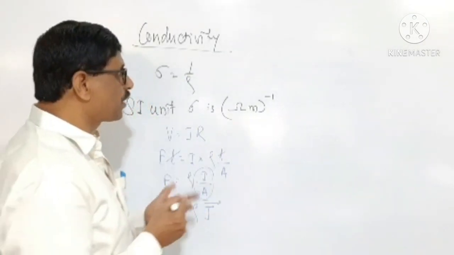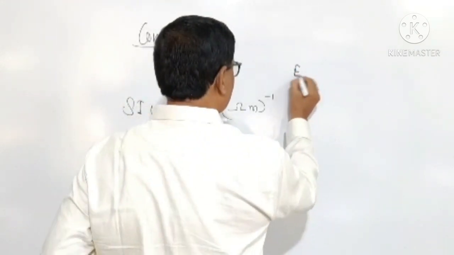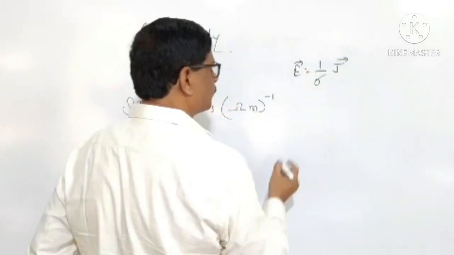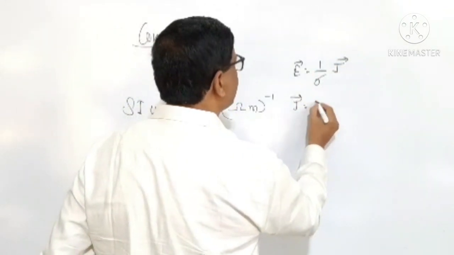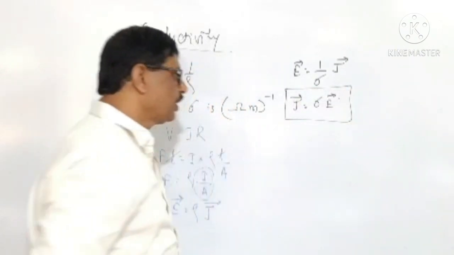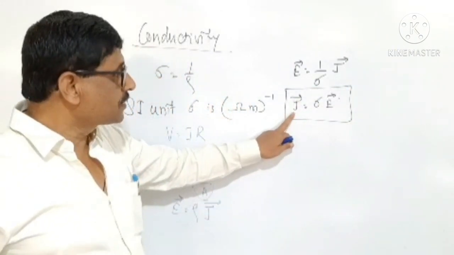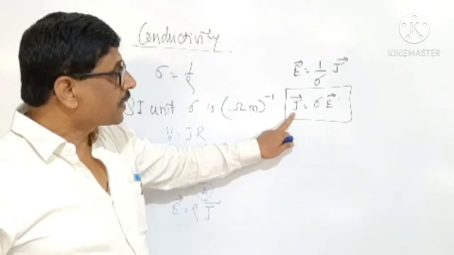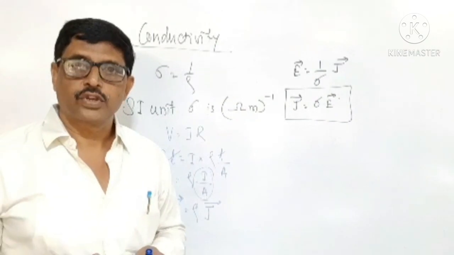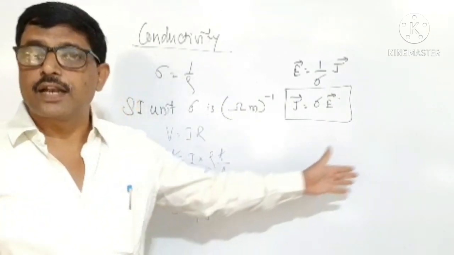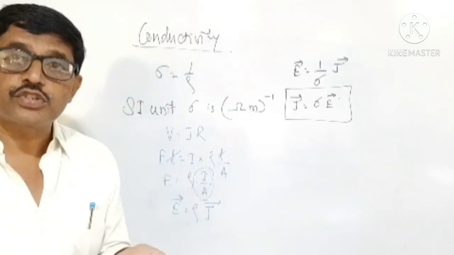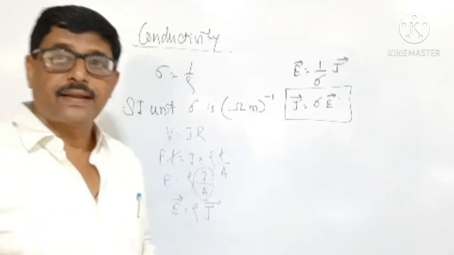Therefore, the same equation I will write like this: vector E is equal to 1 upon sigma into vector J. Therefore, vector J is equal to sigma into vector E, and this is the relation. The current density is equal to conductivity into electric intensity. This is how to find out the relation between current density and electric intensity in terms of the resistivity and conductivity.